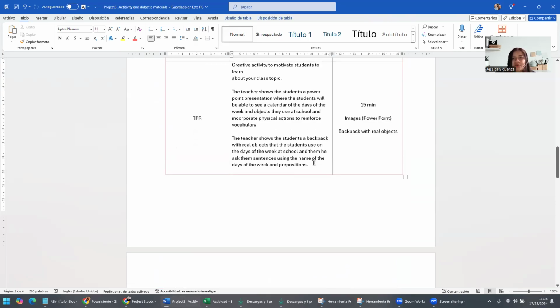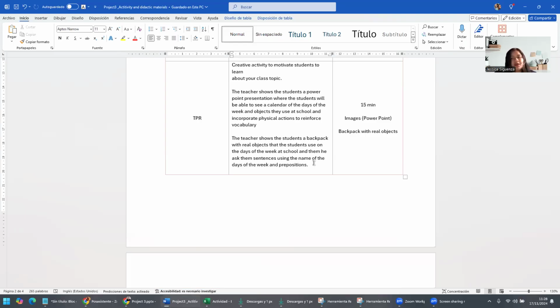The teacher shows the students a backpack with real-life objects, because in TPR it is so important that the physical actions reinforce the vocabulary, because the students learn by associating some object or some act along with the activity.